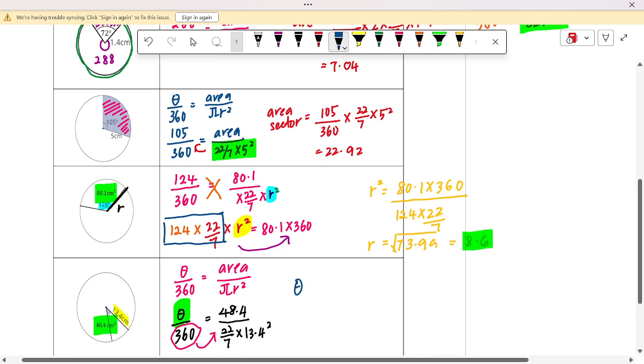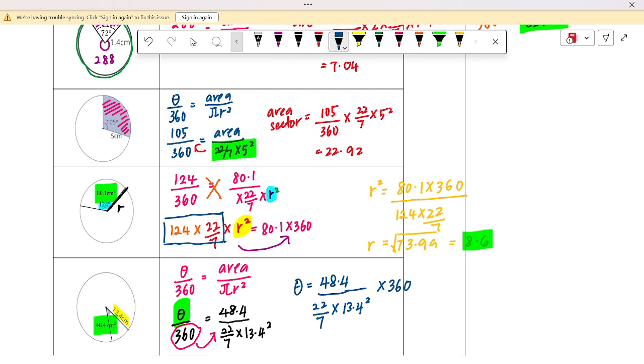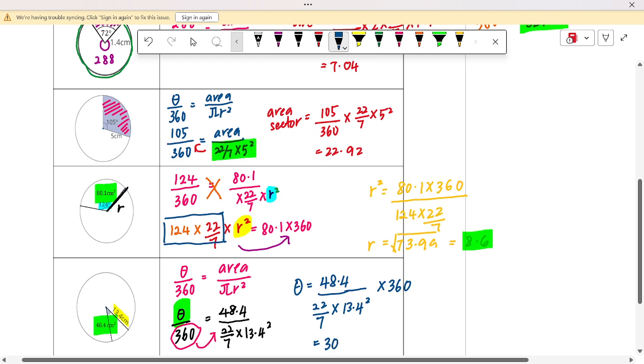So theta equivalent to 48.4 over 22 over 7 times 13.4 square times 360. That's all. You can directly press your calculator. Divide by 22 over 7 times 13.4 square, which will give you the answer 30.88 degrees. So this is your angle.